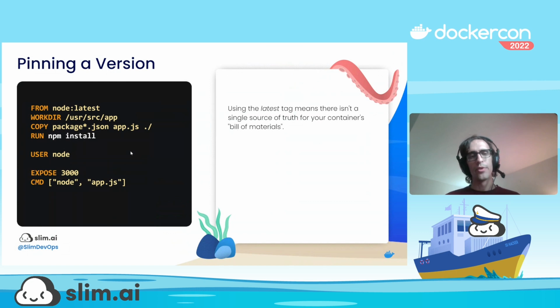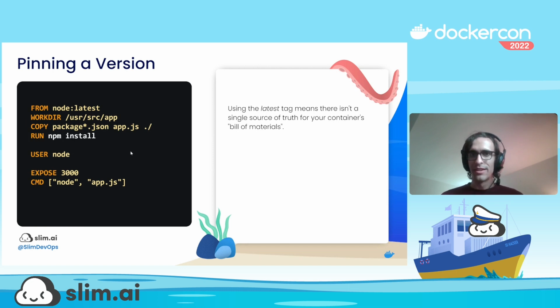another way that you can improve your container is by pinning a version. In this example Dockerfile, we are using a latest tag in the first line where we say FROM node:latest. What this means is that if I ran docker pull node:latest today versus in 3 weeks or a month or 6 months, there isn't a single source of truth across these images.